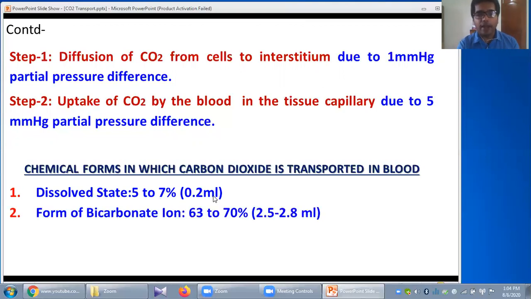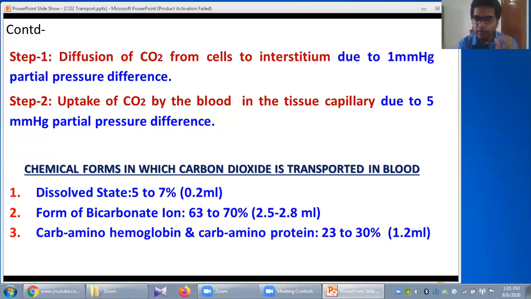Okay, and the majority of the carbon dioxide molecules will be converted into the bicarbonate form. It is actually 63 to 70% of carbon dioxide that will be transported in this bicarbonate form, equivalent to 2.5 to 2.8 ml among the 4 ml of carbon dioxide.